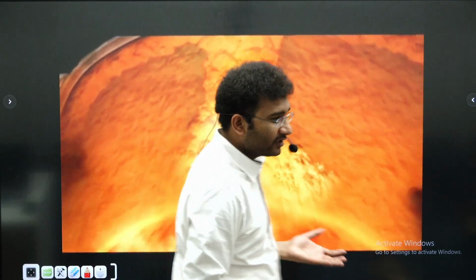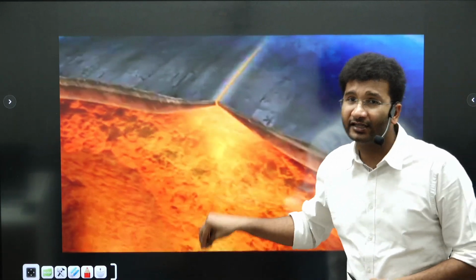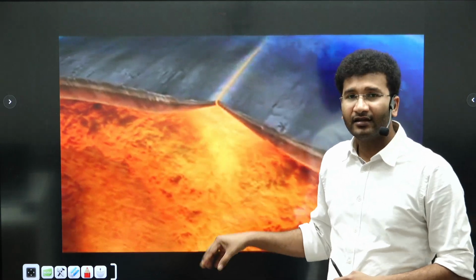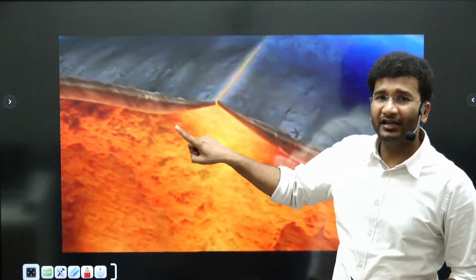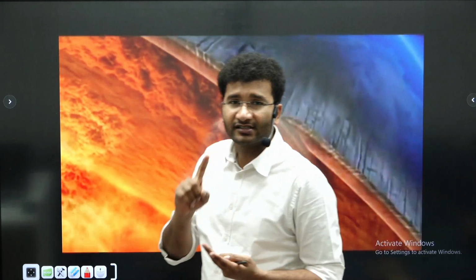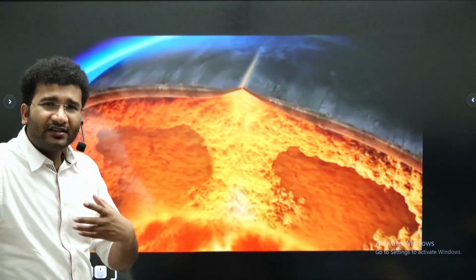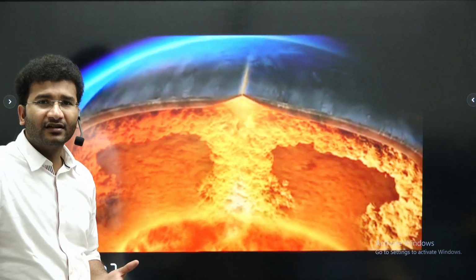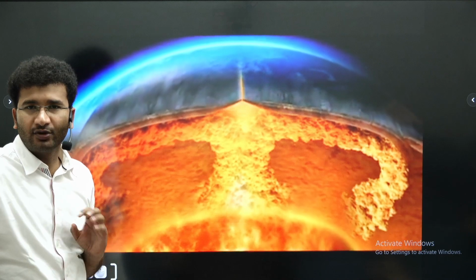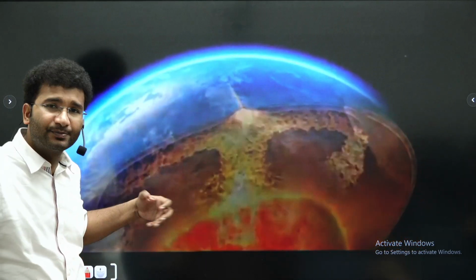In the endogenic forces, some activity happens within the interior of the earth, and those activities lead to changes on the surface of the earth, such as volcanoes, earthquakes, and tsunamis. How are they formed? What are the reasons? All these things are studied in geomorphology, and they have scientific principles behind them.